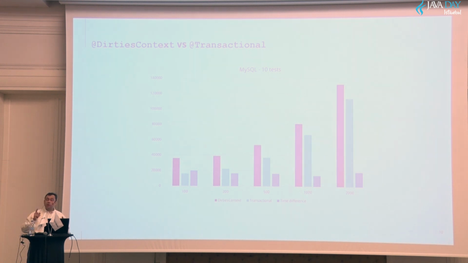Because this difference does not depend on the number of rows, but on the number of the executions, because you need to reinitialize the context 10 times. We are running the test 10 times. We don't care about the number of rows, but we care about the number of reinitializations of the context. And dirties context comes with a pretty high price.